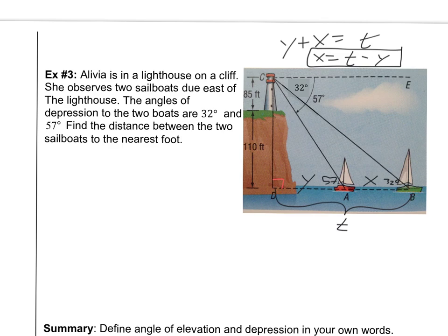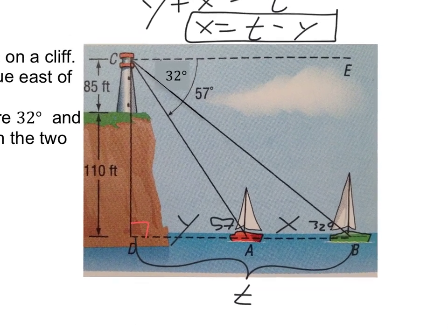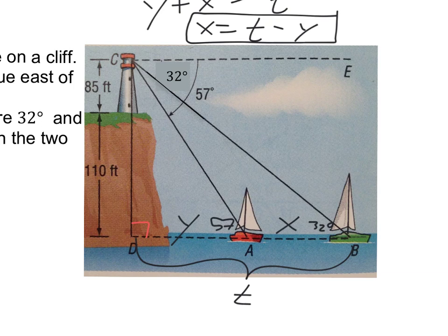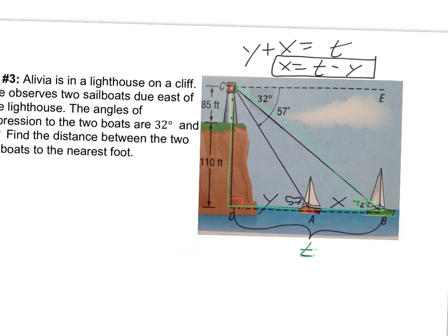So again, I'm trying to find t, and I'm going to color code this problem for you. I'm going to do t in green. Okay, so what do I know about t then?